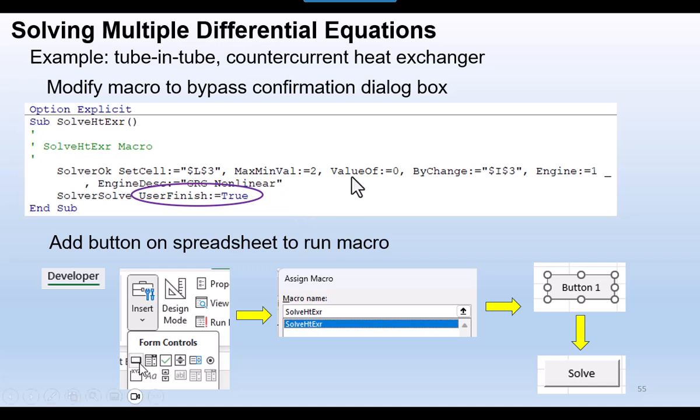And then what we did was we added a button on the spreadsheet by going to the Developer tab, Insert and Form Controls, and picking the upper left one for button, assigning it to the macro, and it shows up on the spreadsheet. Then we changed the caption by scrubbing across it from button 1 to solve.